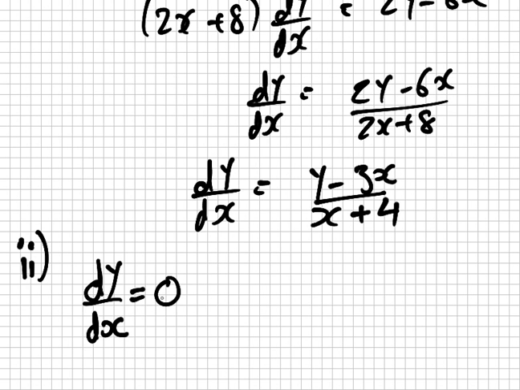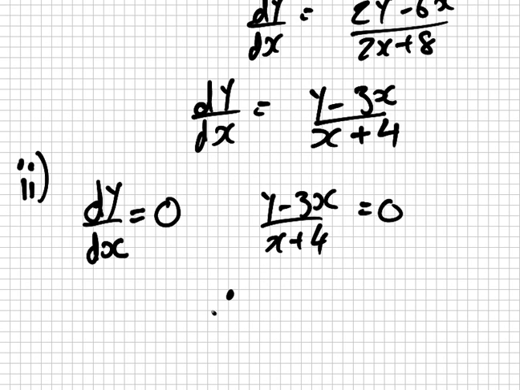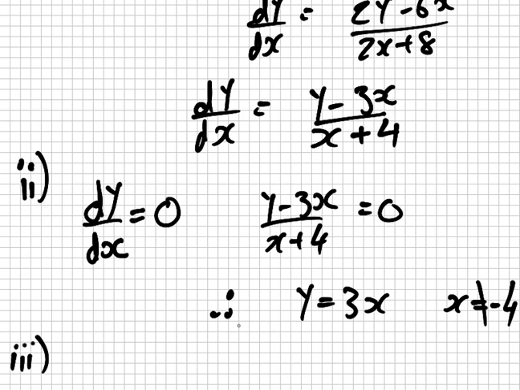So that means (y minus 3x) over (x plus 4) should equal 0. So therefore, y should equal 3x and x not equal to minus 4. So that takes care of part 2.